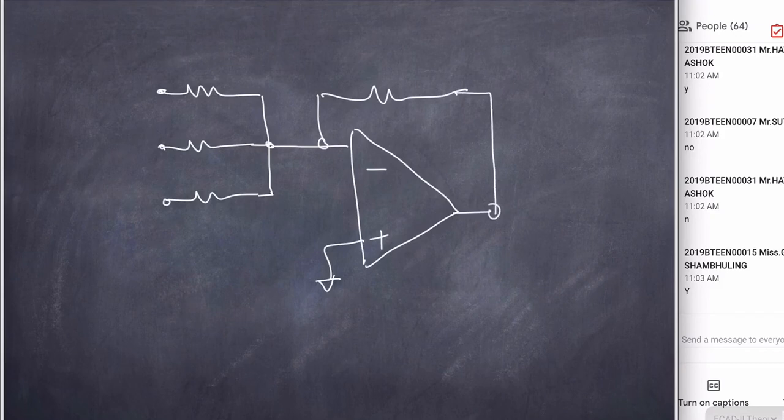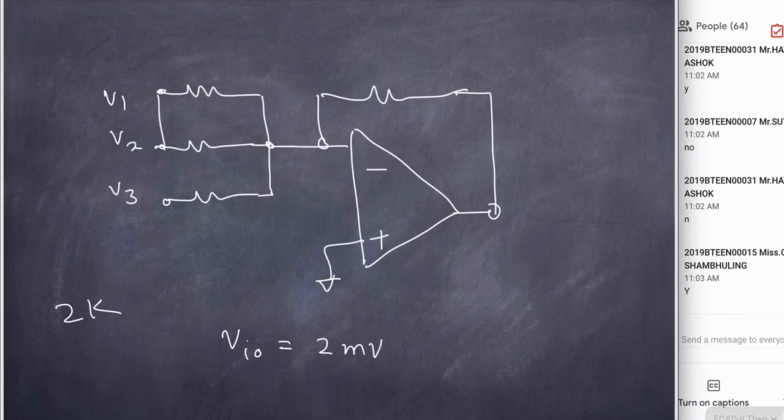Okay. Suppose all resistors are 2K. It is given. V1, V2, V3. Then VIO is also given as 2 millivolt. And when all the inputs are 0, find VO.